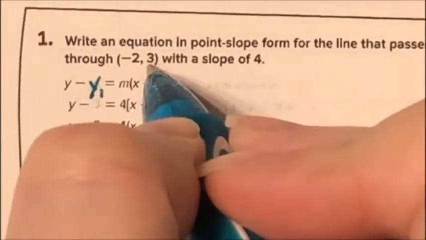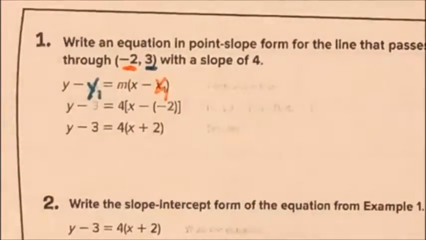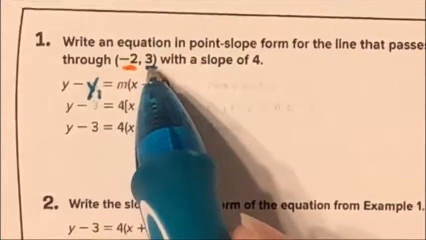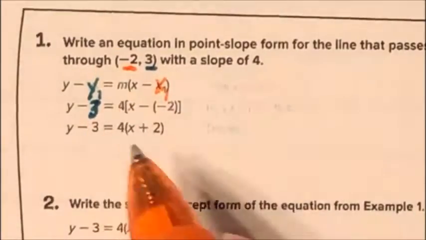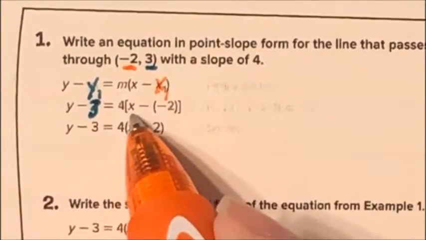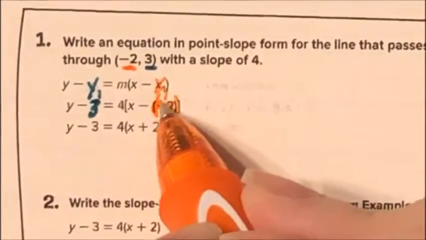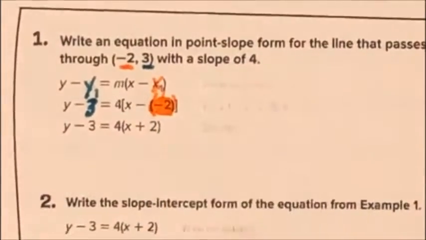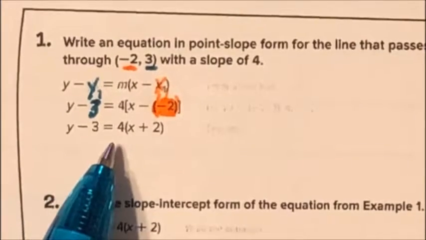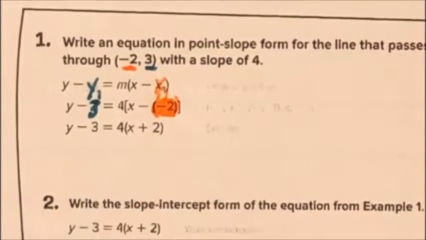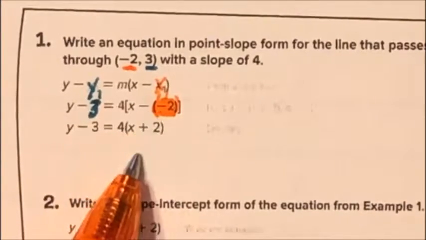Here's my y point, here's my x point. 3 is positive, so I just plug it in. y minus 3 equals 4, because that's my slope, times x minus, and then I'm going to have this minus 2 in parentheses. So I have y minus 3 equals 4 times x plus 2. Remember from previous lessons, these two negative signs right next to each other make that positive.